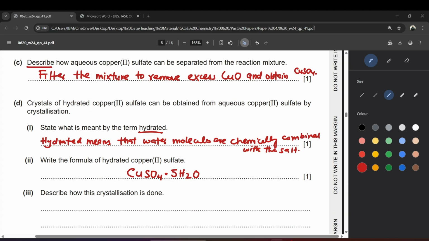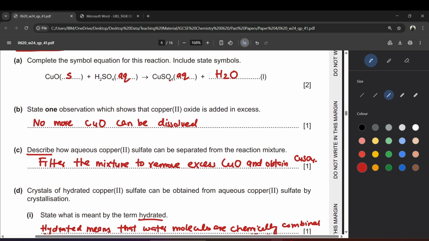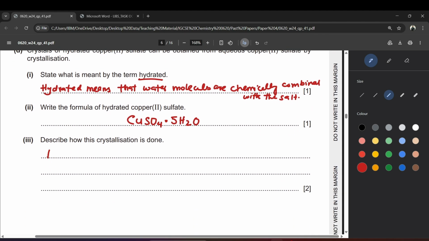So once you have obtained your solution of copper 2 sulfate, and now you have also filtered it, now what you're going to do is you're going to heat the copper 2 sulfate solution till it is saturated.